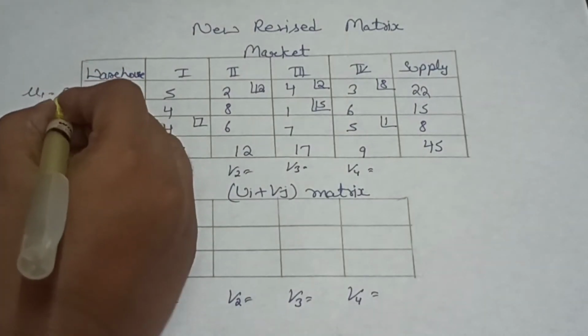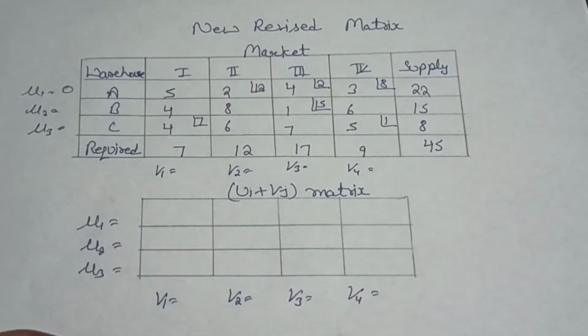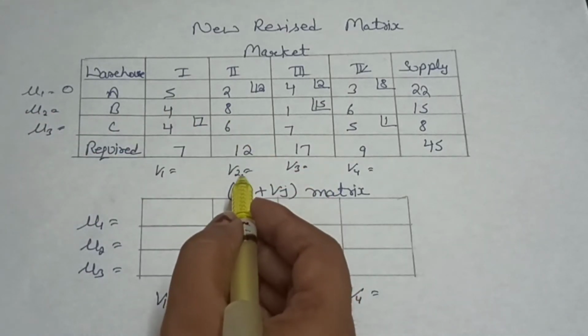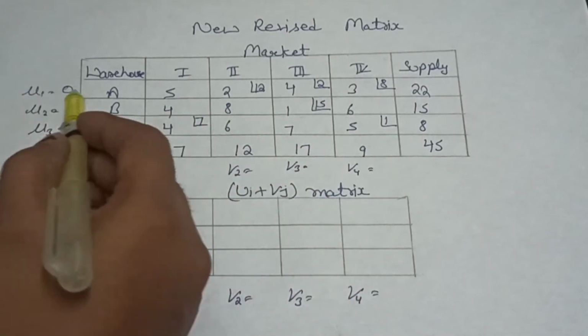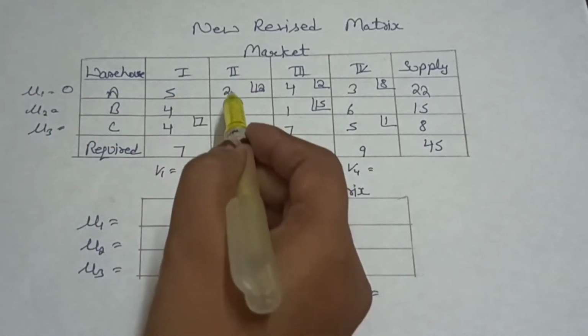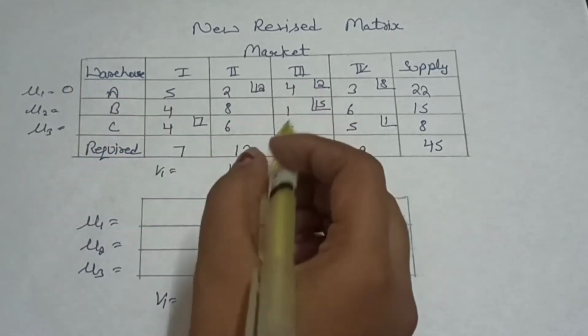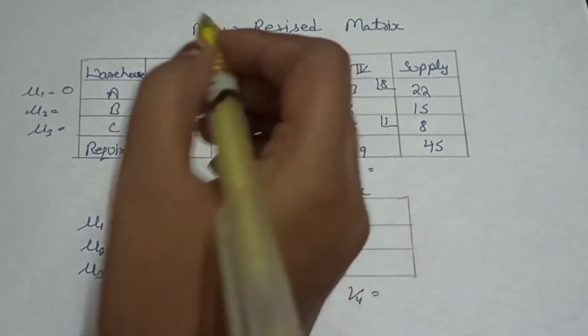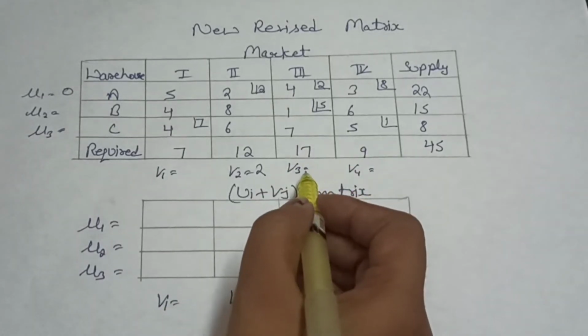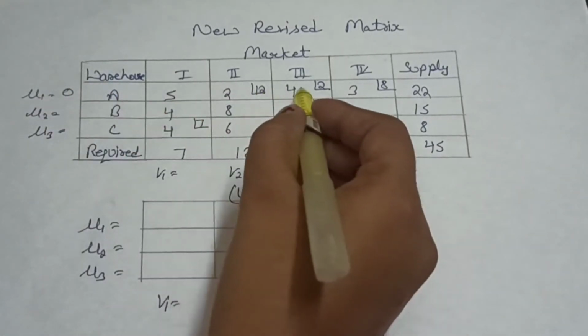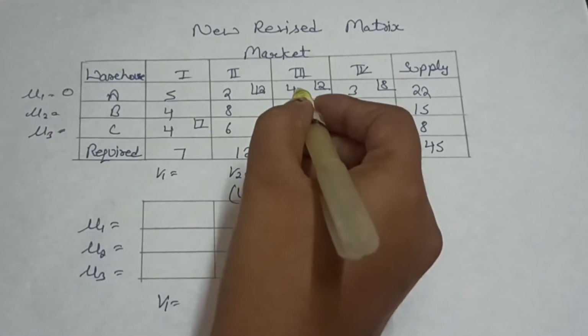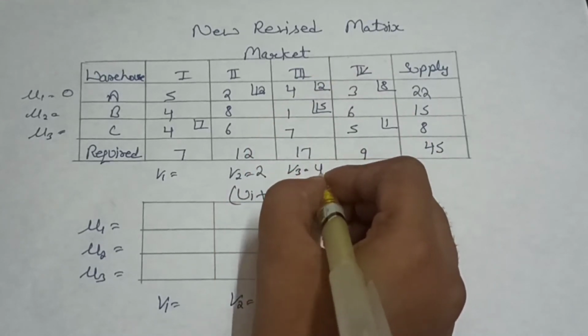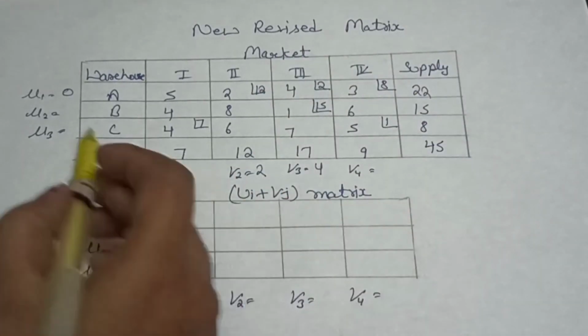So u1 is equal to 0. Now we calculate v2, because u1 plus v2 is equal to this cell, so 0 plus 2 is equal to 2. Now we calculate v3, because 0 plus v3 is equal to 4, so v3 is 4.